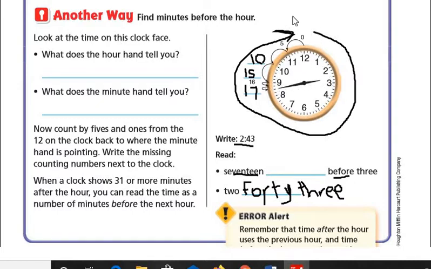So let's count back. The space between each two numbers is equal. It's 5 minutes each time. So here we have 5, 10, 15, and some minutes. Let's count by 1 minute: 15, 16, 17.